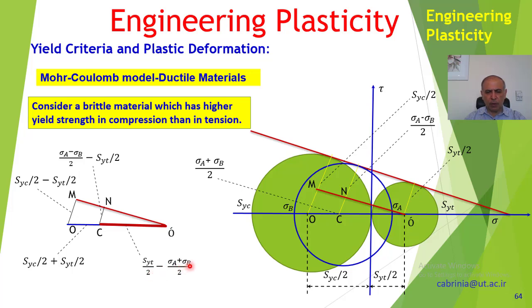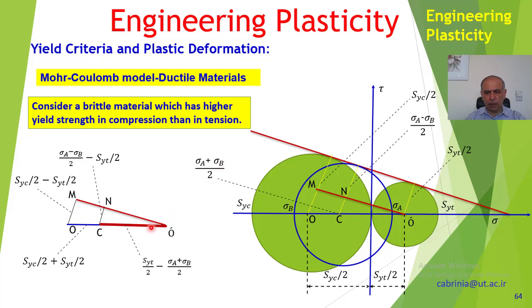minus sigma A plus sigma B over 2, because this is the center of this blue circle, and clearly I have this SYT is positive and this is negative, so I get this value for the center of this circle.